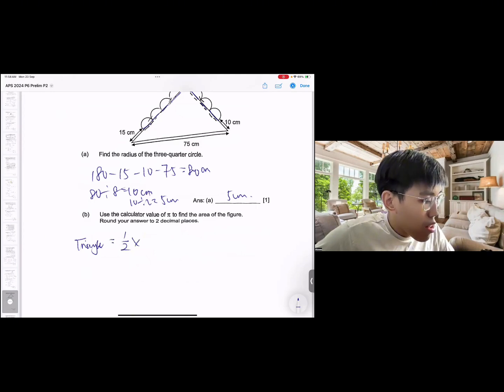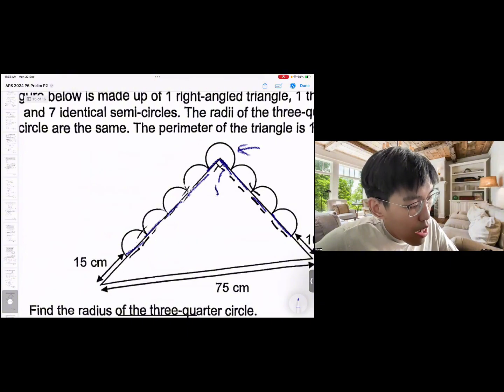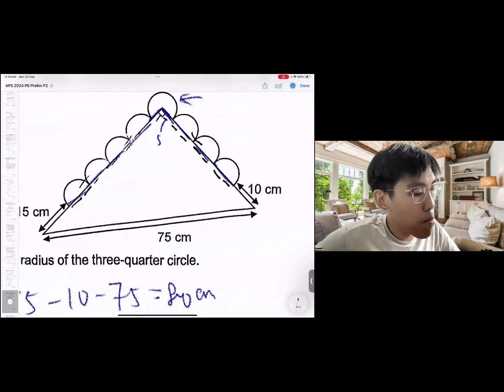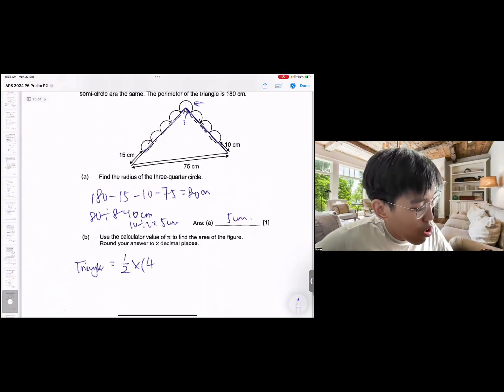Triangle is half times base times height. So we look carefully. If the diameter here is 10, I want to solve for the breadth of the triangle: 10, 20, 30, 40, 45. So it's half times 45.